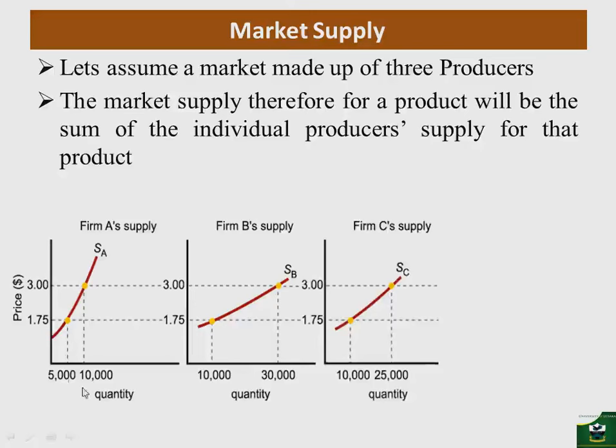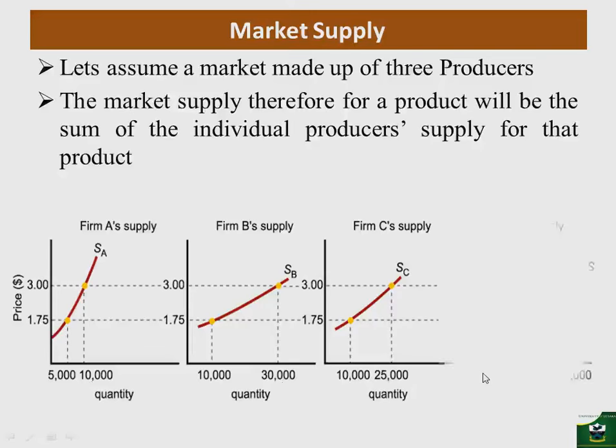And if we add 5,000 plus 10,000 plus 10,000, we will have 25,000 units on the market supplied when price is 1.75. And if price is 3, we will have 10,000 plus 30,000 plus 25,000, which is 65,000 units supplied on the market.